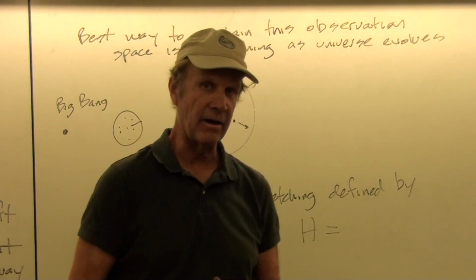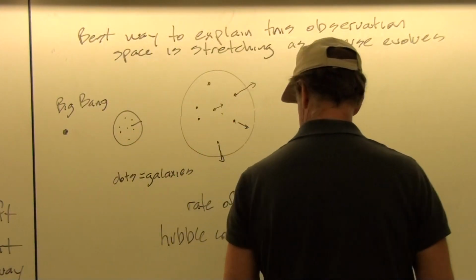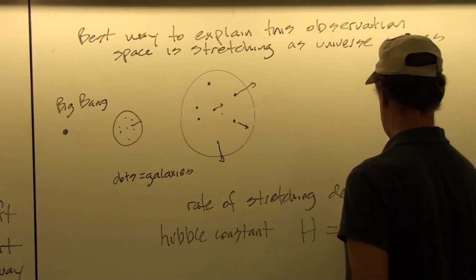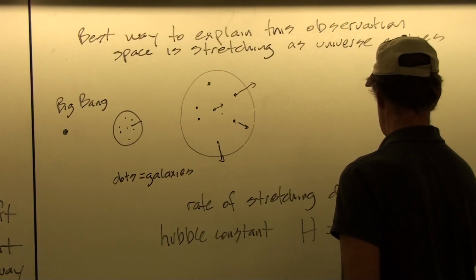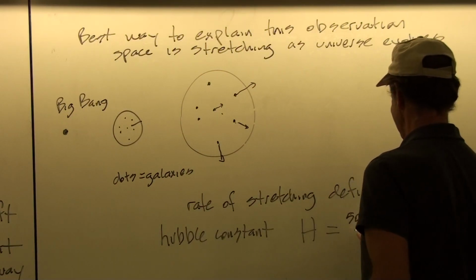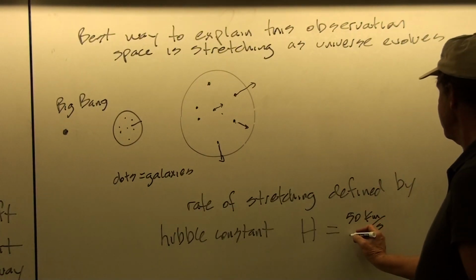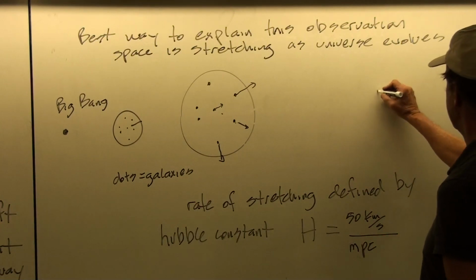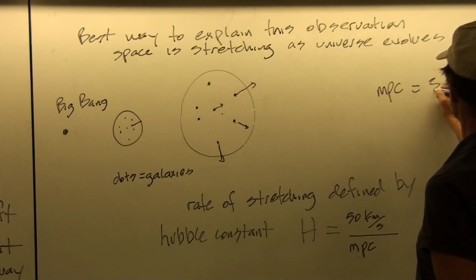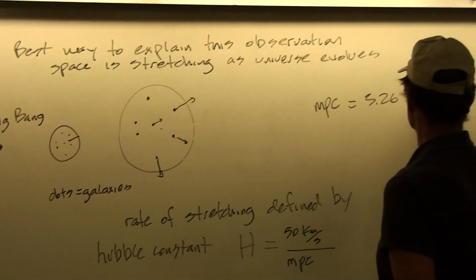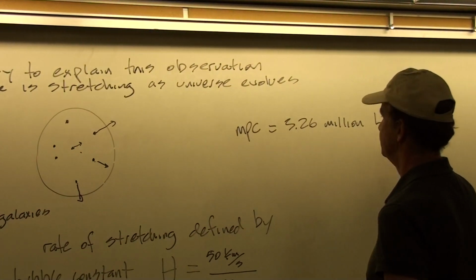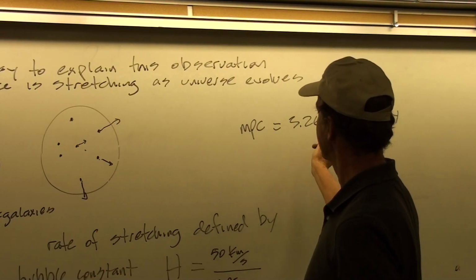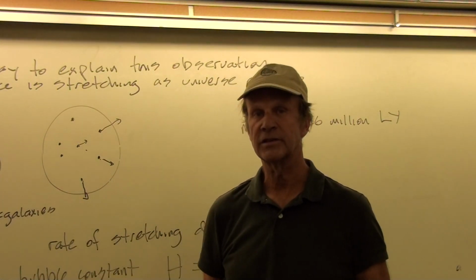There's some debate about how fast the universe is expanding, but we think it's somewhere on the order of maybe 50. I'll use numbers that are easy to work with here. It's probably a little higher than 50, but 50 kilometers per second per megaparsec. Where a megaparsec is equal to 3.26 million light years. Okay, and so 1 parsec is equal to 3.26 light years.